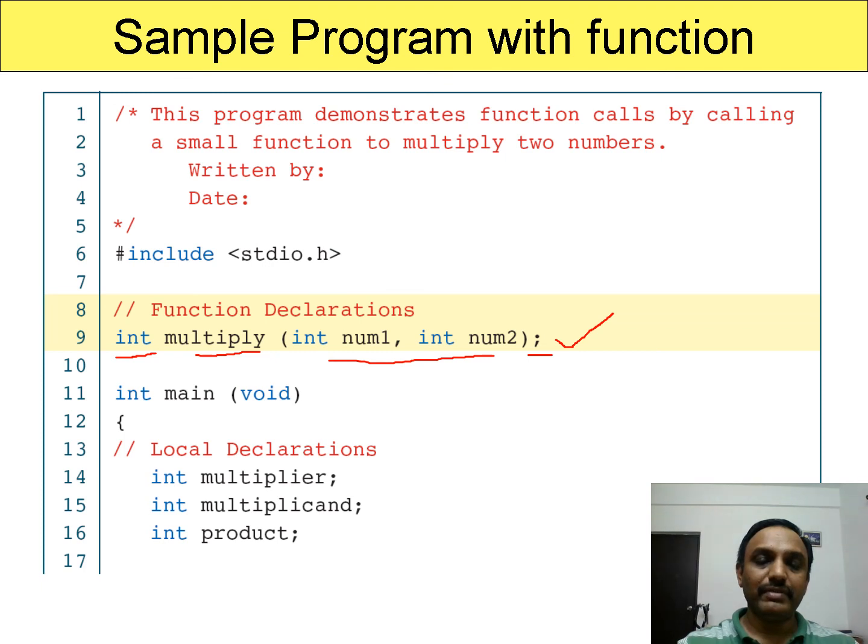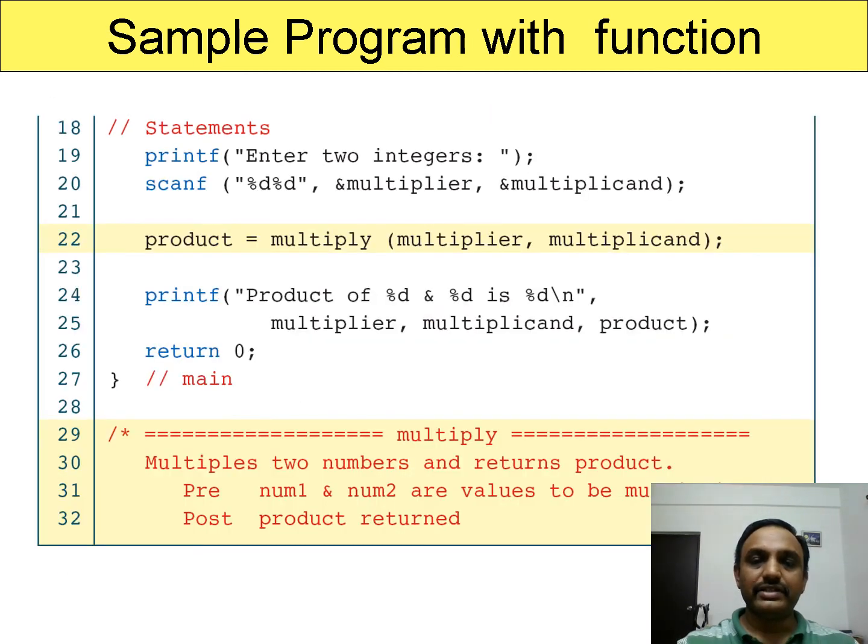Now see, in the main function I am declaring three variables: multiplier, multiplicand and product. Next, I am reading multiplier and multiplicand values. I am calling a function. My function name is multiply. Here I am using function calling. I am sending two arguments.